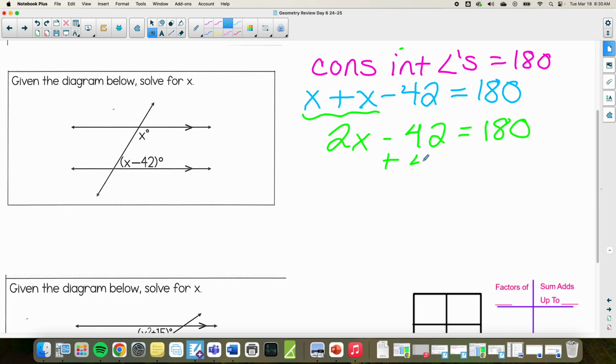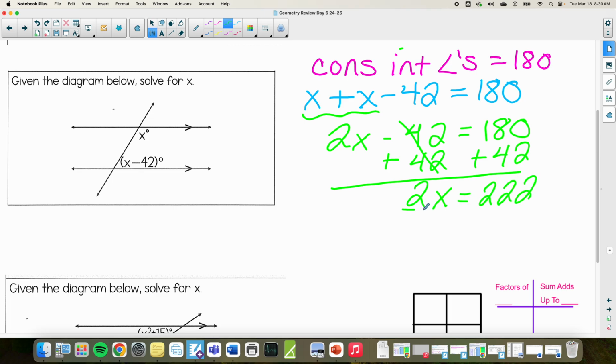Then I'm going to add 42. And I get 2x equals 222. Divide by 2. And x is 111. Okay? And that's all they wanted us to do in this one, is find what x is.